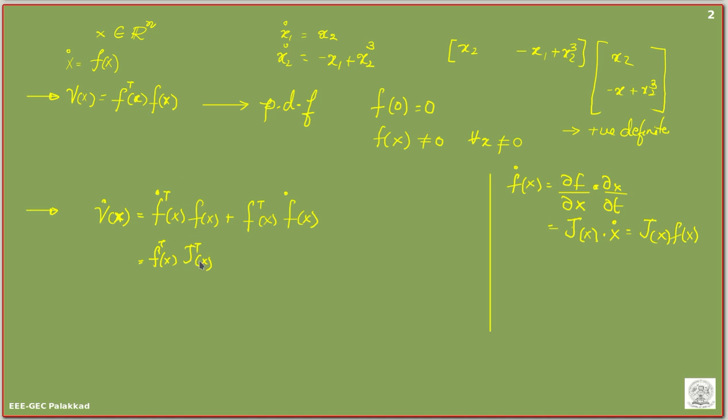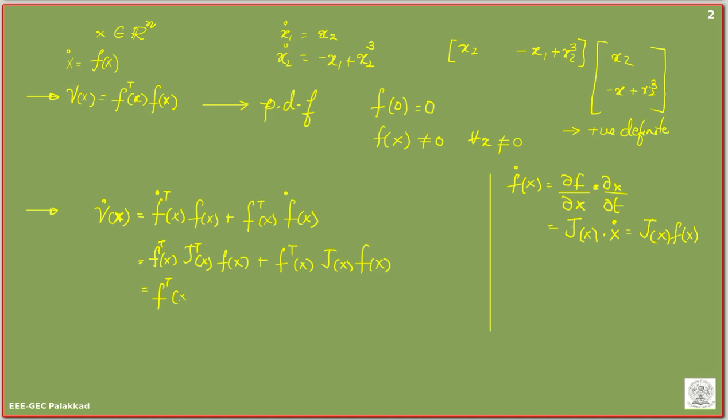So this is f transpose of x into j transpose of x into f of x plus f transpose of x into j of x into f of x. The rest you can start doing now and try it out.